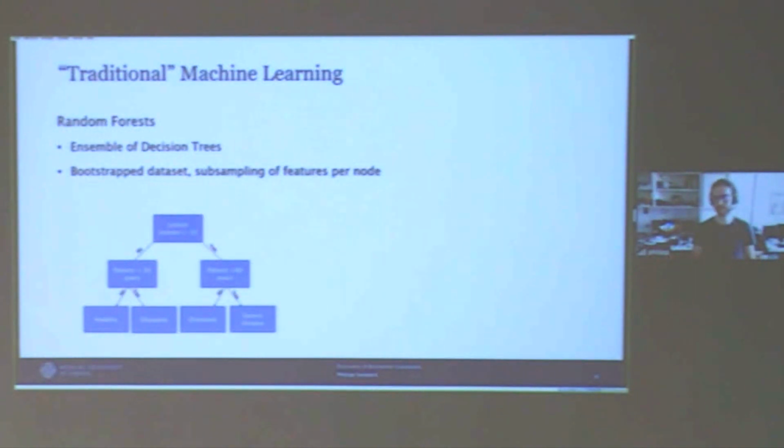This is the method that we used in one of the projects I will present to you. It is an ensemble of decision trees. These decision trees are constructed in a way that you select at each node a feature, for example, the lesion volume, and then depending on whether the lesion volume is bigger or below a certain threshold, you go left or right in the decision tree. You do this construction of feature selection and threshold definition at each node, and in the end, you get a decision tree which you can just traverse for a new sample according to its features.